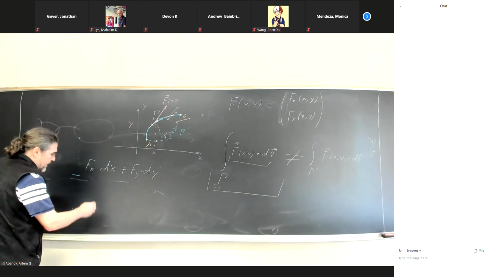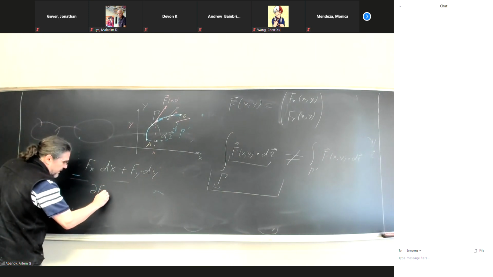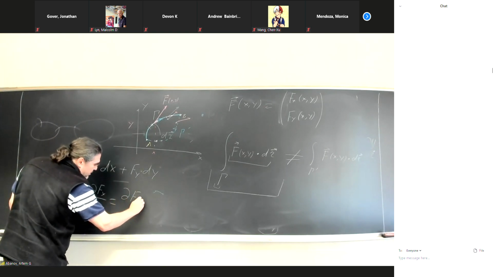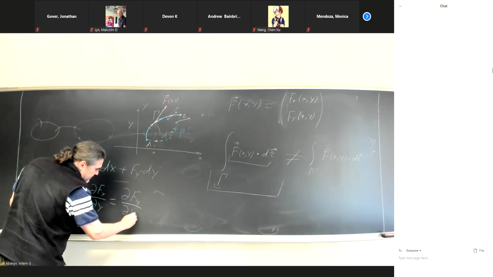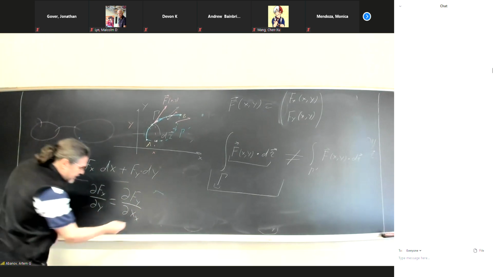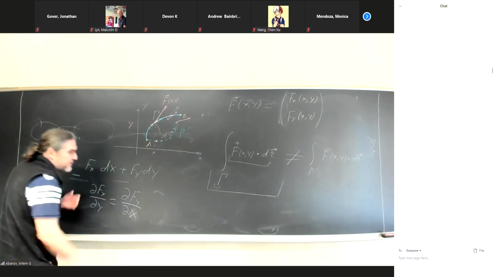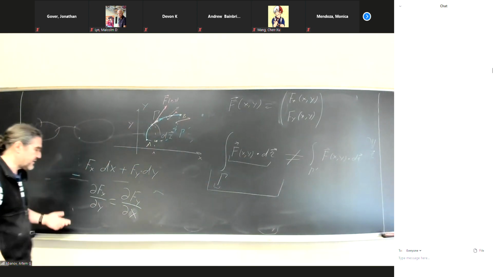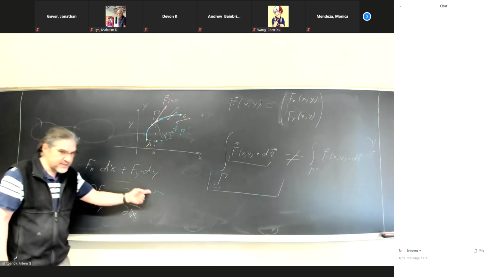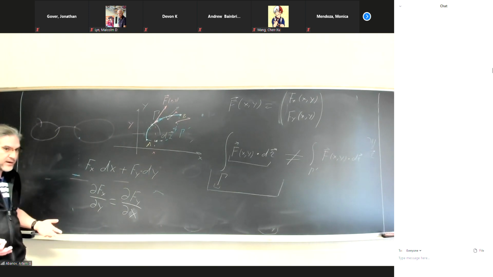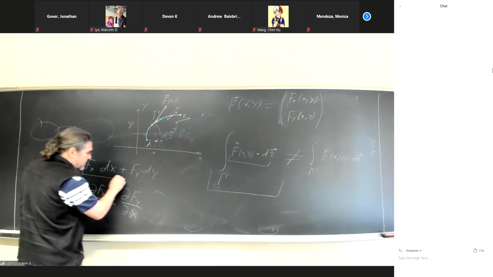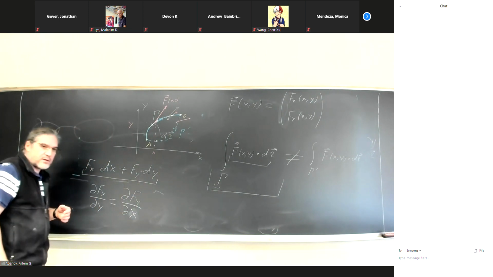So if dfx over dy equals dfy over dx, if your vector field is such that it satisfies this relationship everywhere, then this is a full differential.